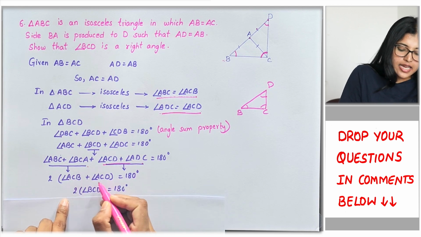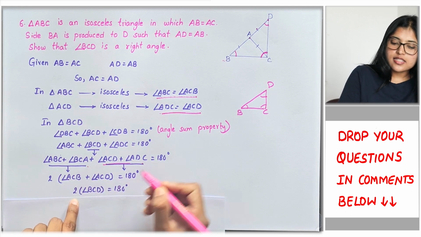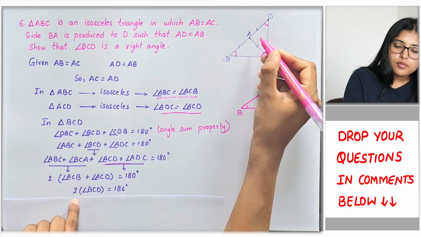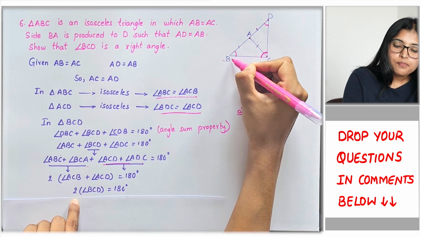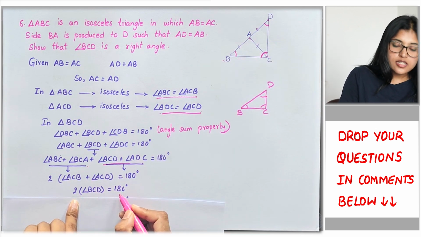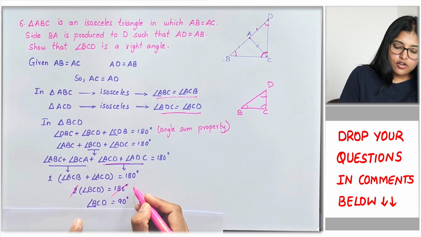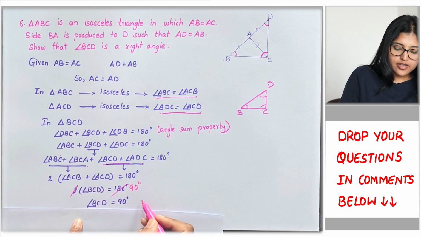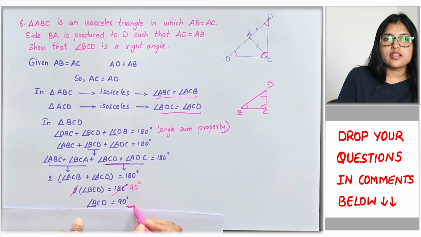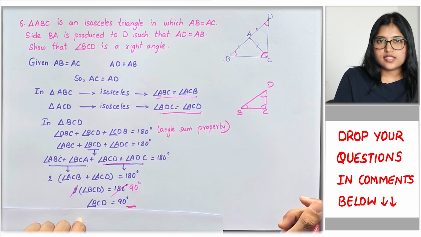Now angle ACB plus angle ACD is nothing but BCD. So 2 into BCD should be 180 degrees, and cancelling the 2, angle BCD becomes 90 degrees and we have proven what was asked in the question.